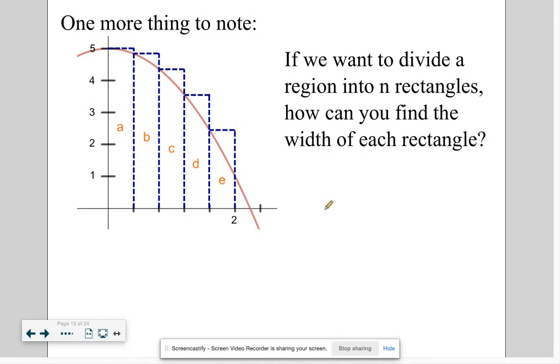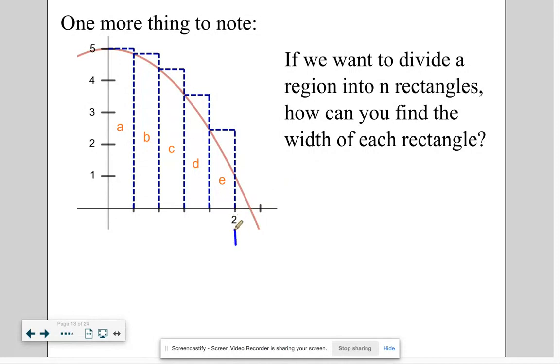Okay, so one quick thing. How do you divide an area into equal subintervals? Remember, when you draw these rectangles, they all need to have an equal width to get a good approximation. So how do you divide your area into equal widths? Well, don't overthink it.